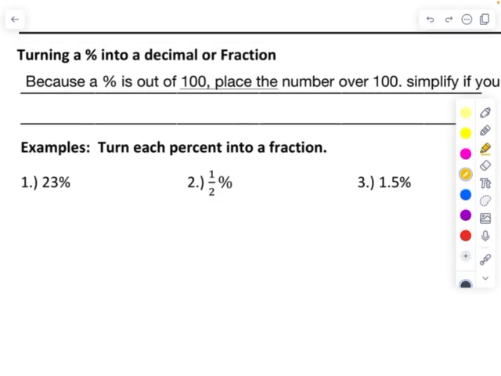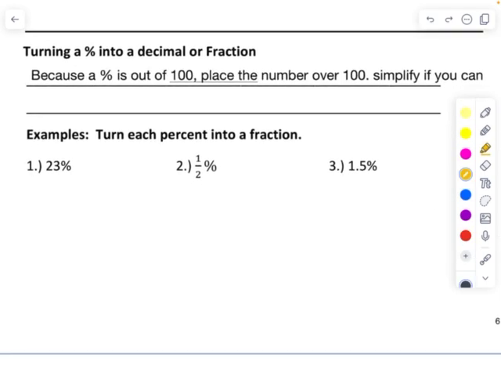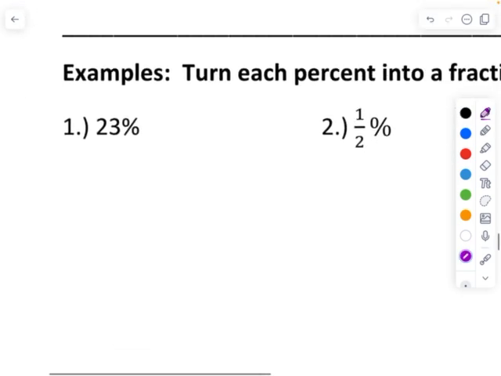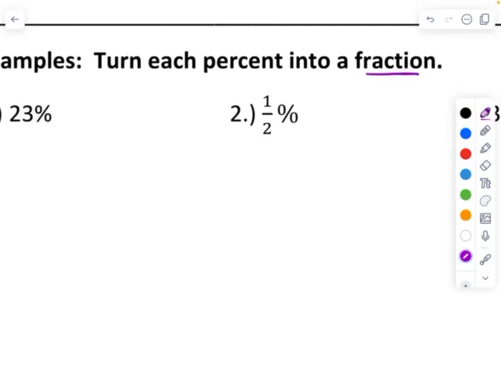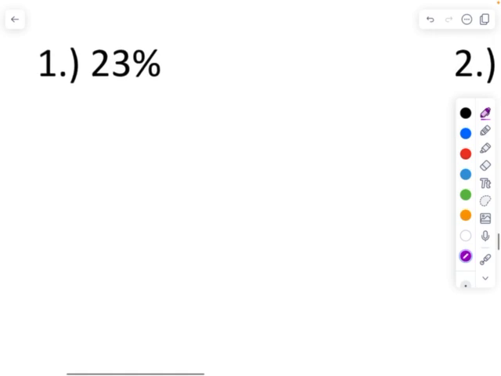Let's turn a percent into a decimal or fraction. So let's go backwards. I'd like you to read through this and then hit pause and copy. Because a percent is out of 100, place the number over 100 and simplify if you can. All right, hit pause, copy that, and let's work with some examples. Number 1, we're going to turn each percent into a fraction.